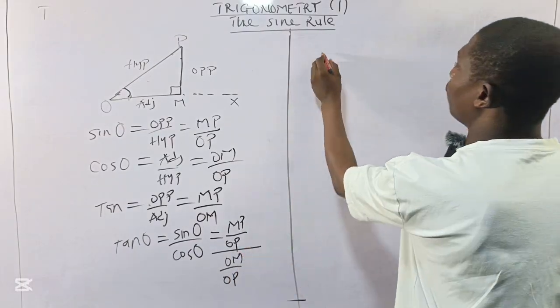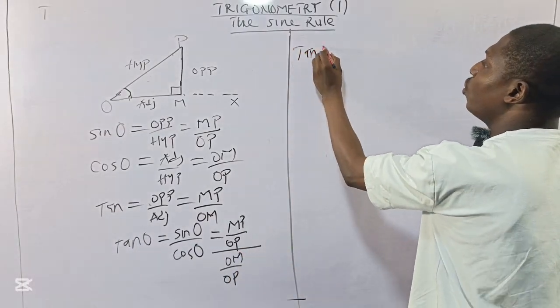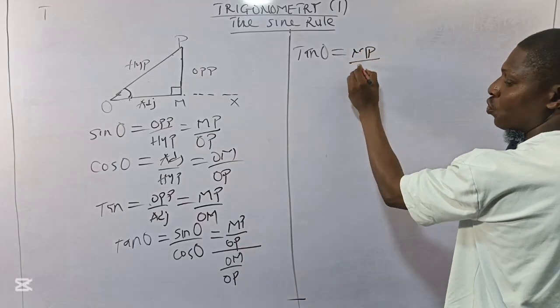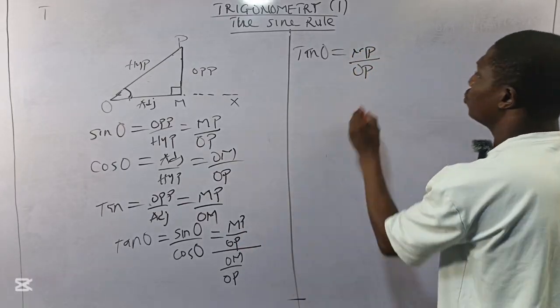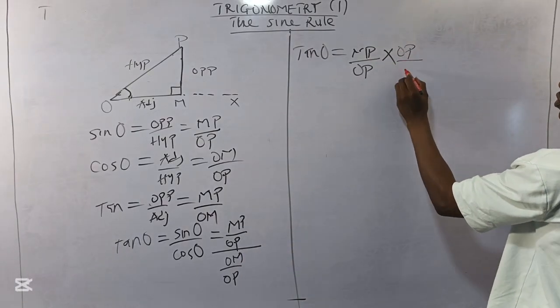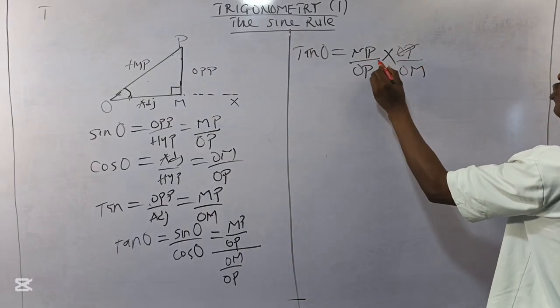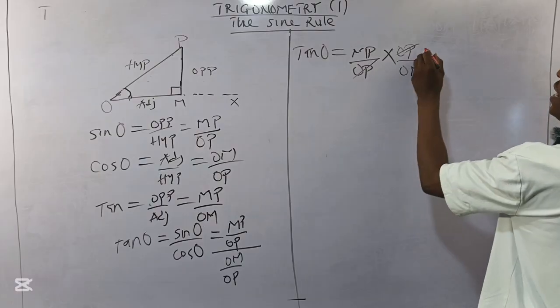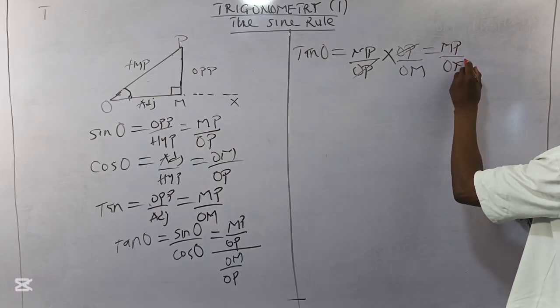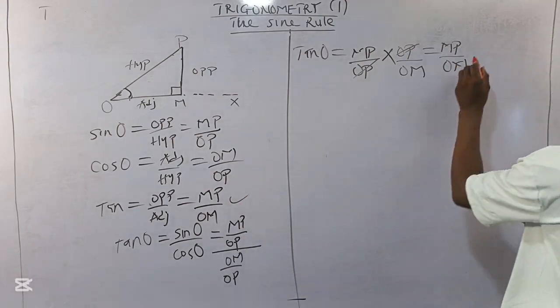So if I should solve, I will have tan O equal to MP over OP. Change my division to multiplication and interchange these two to give me OP over OM. OP can cancel OP and I have my tan O equal to MP over OM, just like I got here.